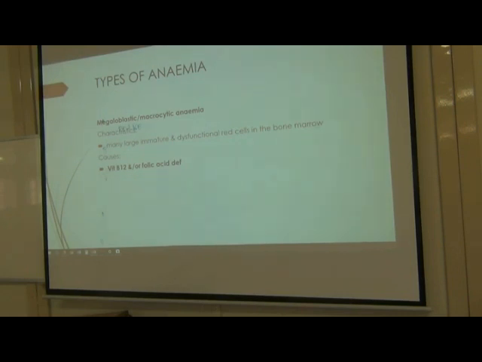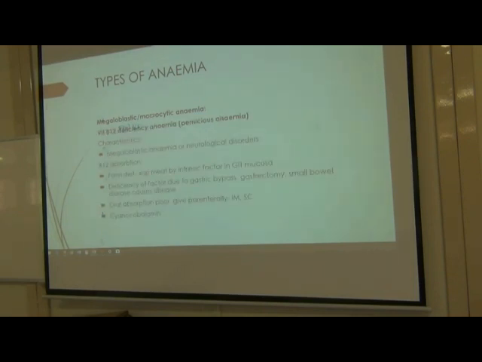So because megaloblastic anemia can be caused by the deficiency of vitamin B12 or folic acid, under megaloblastic anemia we can classify the deficiency under these two elements that are required for it. So we would have vitamin B12 deficiency anemia.